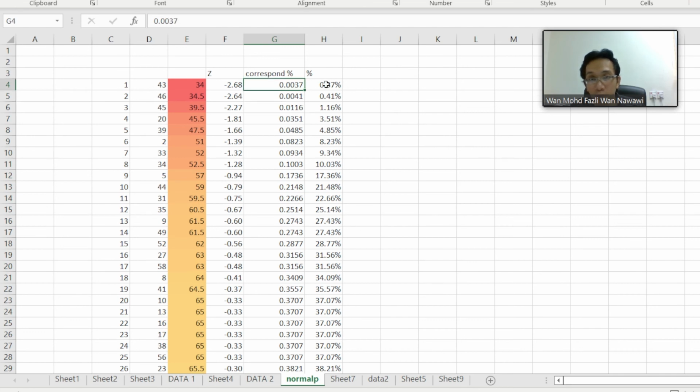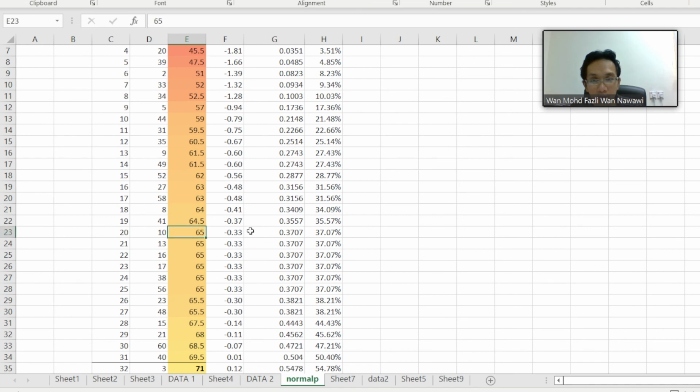Let's say I convert this into percentages, you get something like this. So each score corresponds to a percentage on the normal distribution graph, meaning that there are 0.37% of people who got 34 marks. So that's what it means lah.